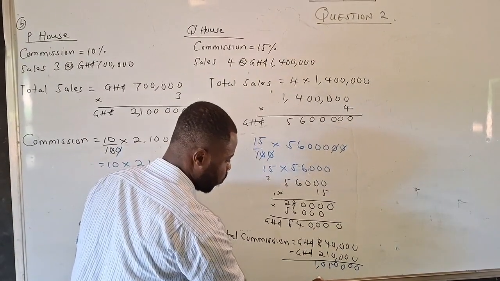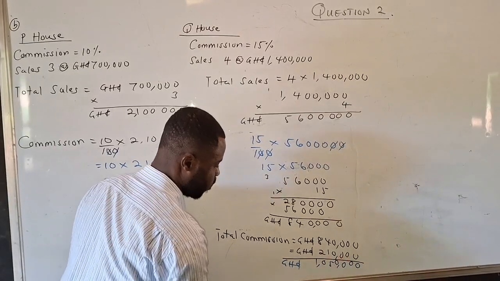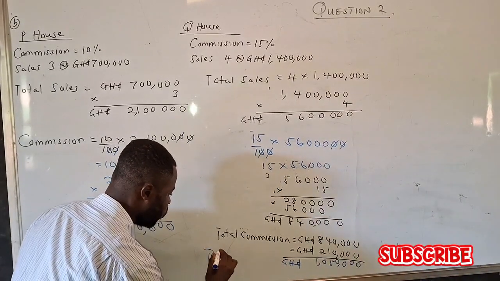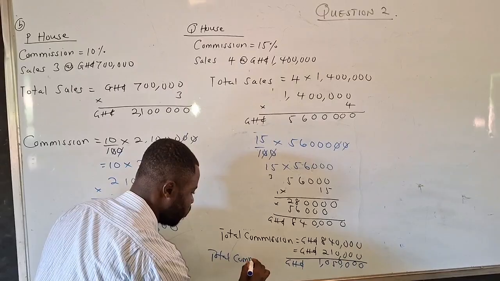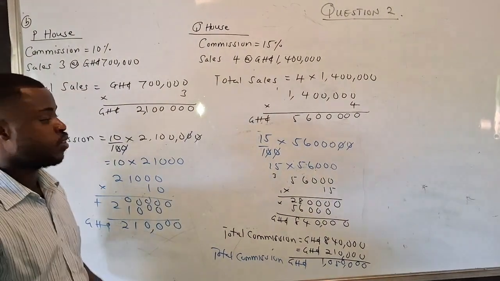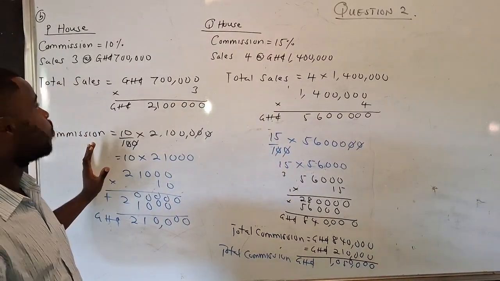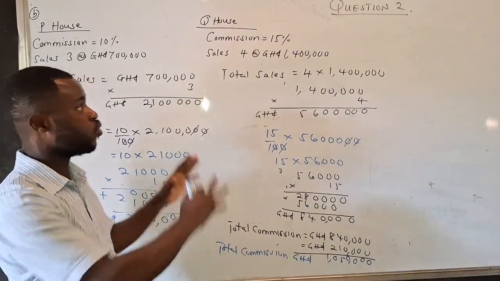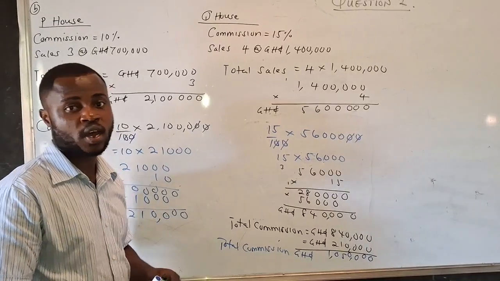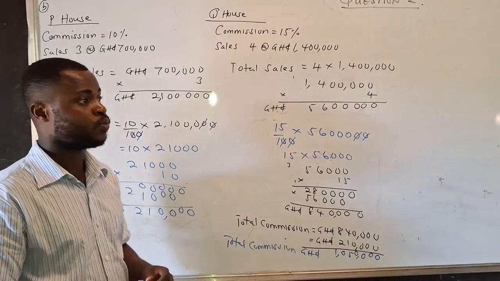So we are going to get 1,050,000 as the total commission. Yes, so his total commission is going to be 1,050,000. So for the P type house and the Q type house, this will be Mr. Abuachi's total commission.